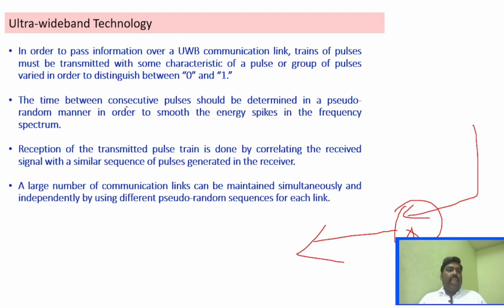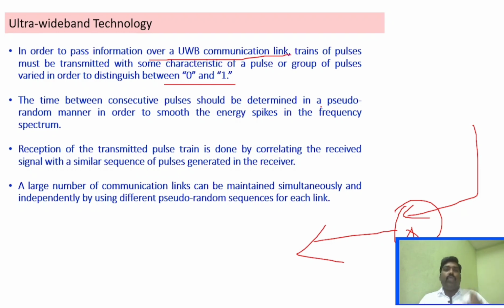You can see that in order to pass information over UWB communication, a train of pulses must be transmitted with some difference in characteristics so that we can identify what is 0 and what is 1, right? When we say a train of pulses is transmitted, there should be some short time interval, which is determined in a pseudo random manner.